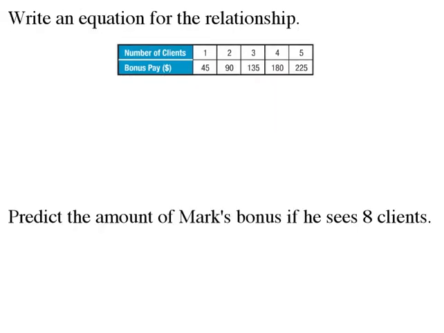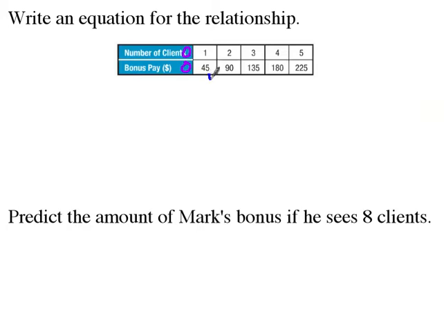It says, write an equation for the relationship. So what we're going to do here is plug in my value of 0. I know that if he sees 0 clients, my bonus pay is also 0. That's really important. We always need to find where that 0 point is. Now I'm going to find the slope, or the rate of change, which is what we've learned.